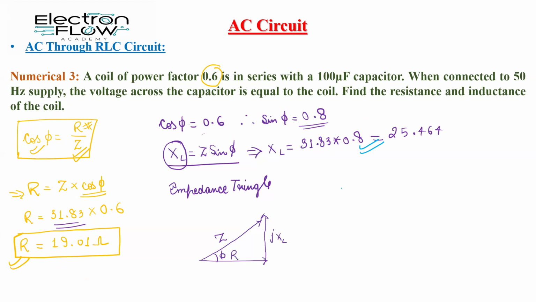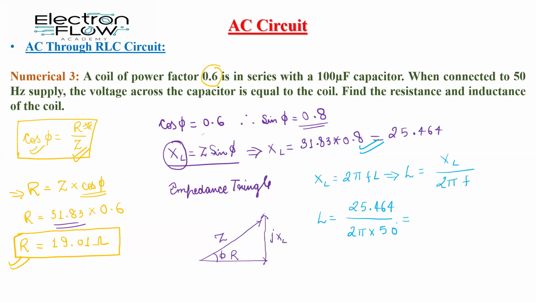I know that XL is equal to 2 pi f L. So from here L is equal to XL divided by 2 pi f. Let's put the values: 25.464 divided by 2 pi into 50.